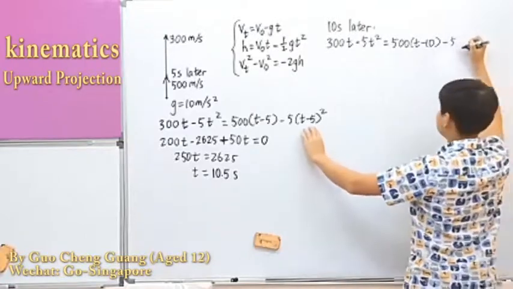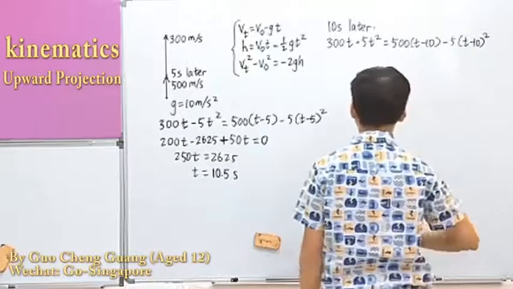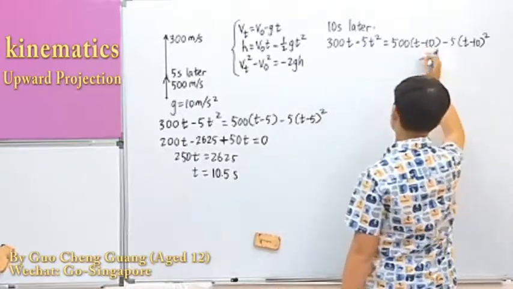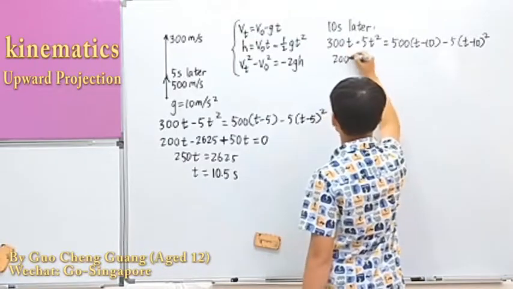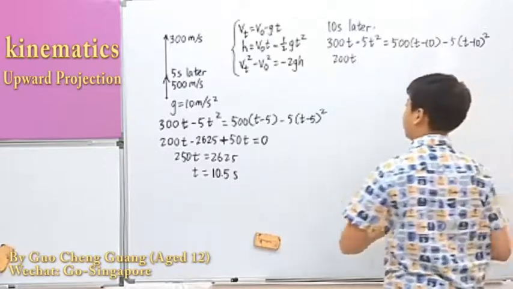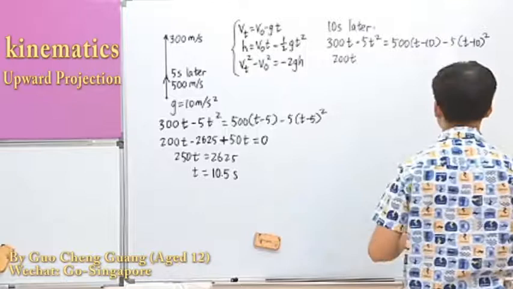Then this part also subtracts 10. Okay, so that's what I have here. So 300, 500, you still get 200. 5t squared, 5t squared, they'll cancel out since both are negative and on different sides.